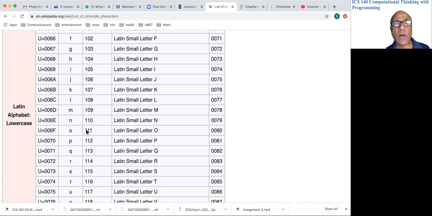Then O would be 111. And finally, N would be 110. So you will see these numbers. Of course, those numbers themselves would be ones and zeros. And once you know that the sequence of ones and zeros actually is a piece of text, you can pull the numbers out and then convert them to the letters or to the characters. That is how text is stored internally.